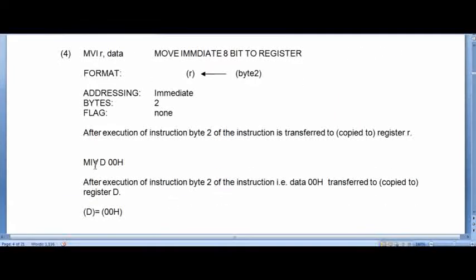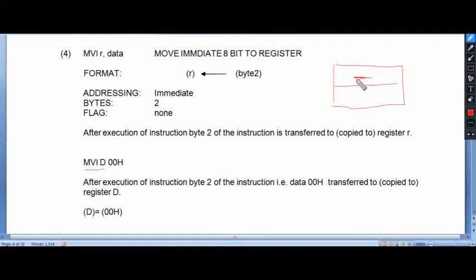Here MVI D, 00, move immediate. For MVI D, a unique operation code is there.